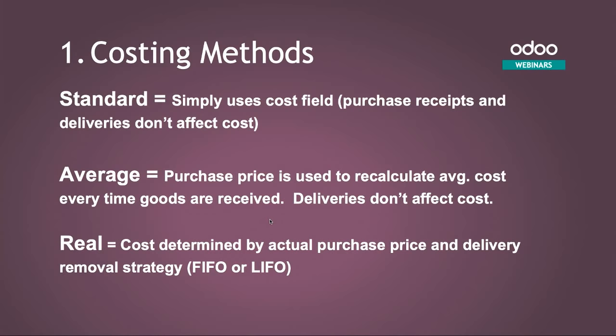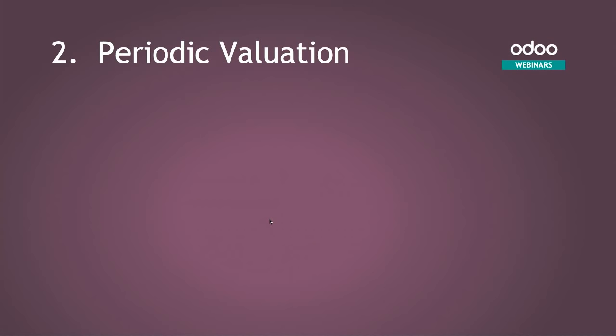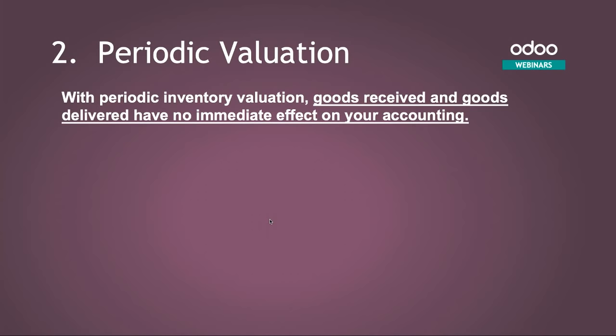Okay, so let's jump into valuations. First, we're going to do periodic, and then we'll jump into perpetual, because it's basically the most complicated valuation method in our system. Periodic valuation is when goods that have been received and delivered don't have an immediate effect on your accounting, because this is a manual entry in terms of creating a journal entry for your valuation.